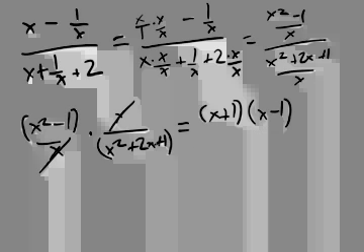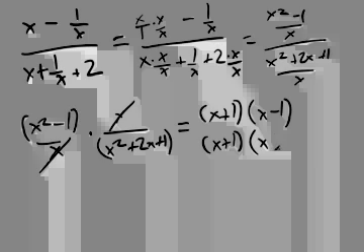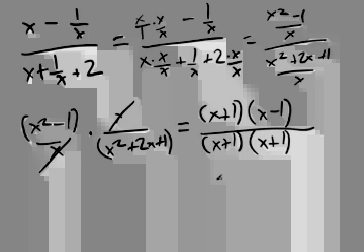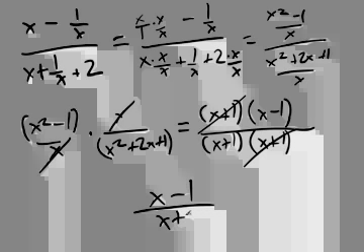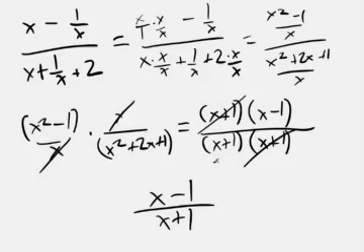And x squared plus 2x plus 1 is equivalent to x plus 1 times x plus 1. Which means that we can eliminate these common factors, and we're left with x minus 1 over x plus 1 as a simplified form of our complex fraction.